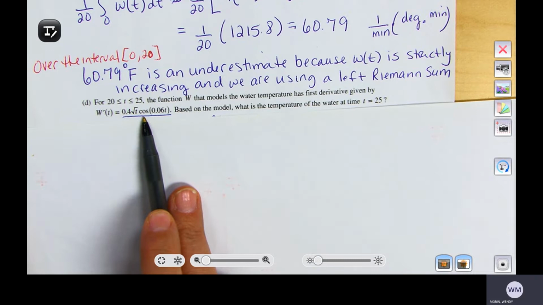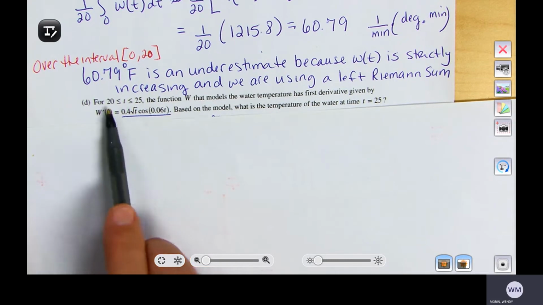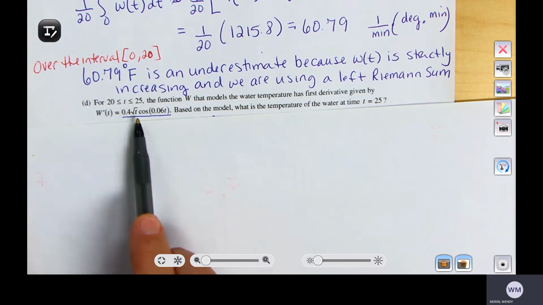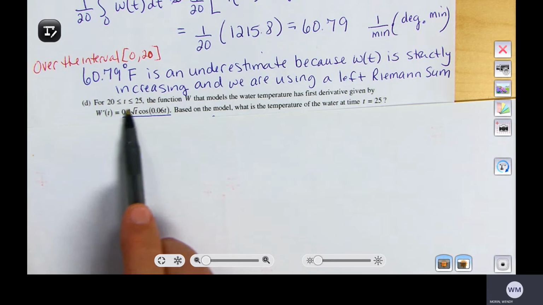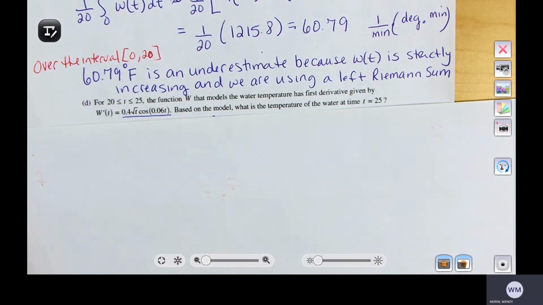But be careful, because this is the model from 20 to 25. So this is only going to give you the change in temperature from 20 to 25. So if you look at your table, what was the temperature at 20 minutes? Don't forget your initial condition.